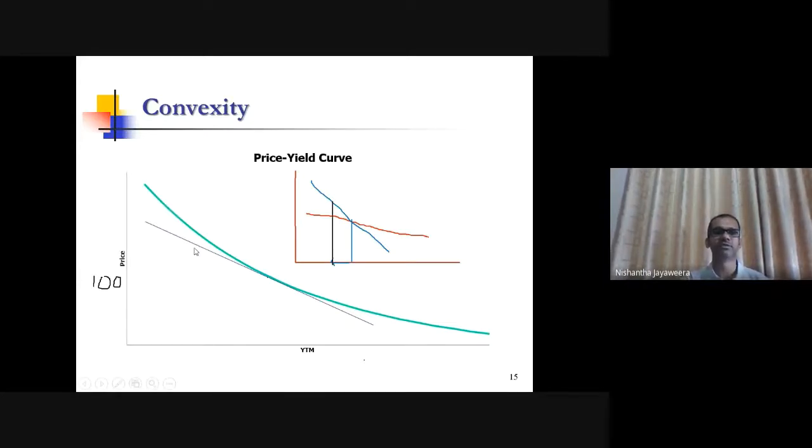You can see here the error is high. But the duration measure gives you a very conservative approach, because the actual price is always higher than the price that we get through duration. So therefore, our valuation is more towards the downside.